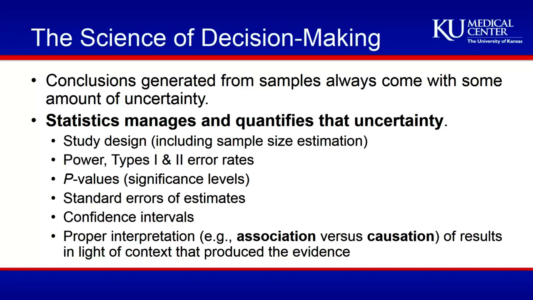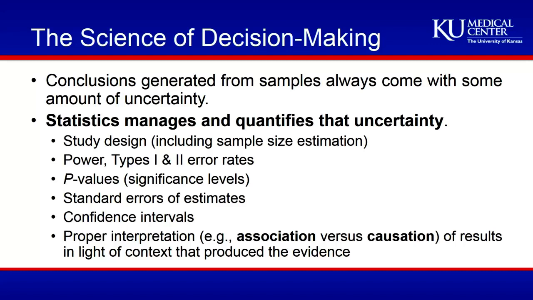And then what we want to have is a valid, reliable estimate of an association or a difference. And we want to be able to replicate that, right? We want to do it in a rigorous way so that hopefully the result can be replicated in another study.